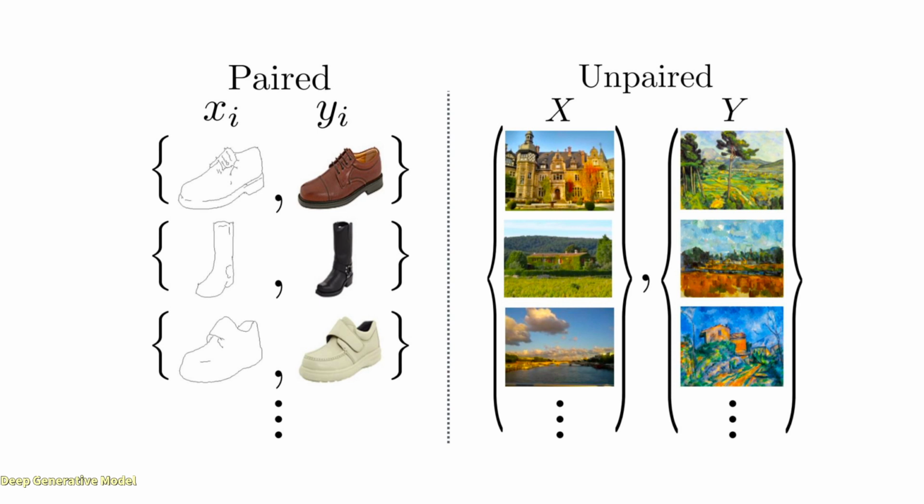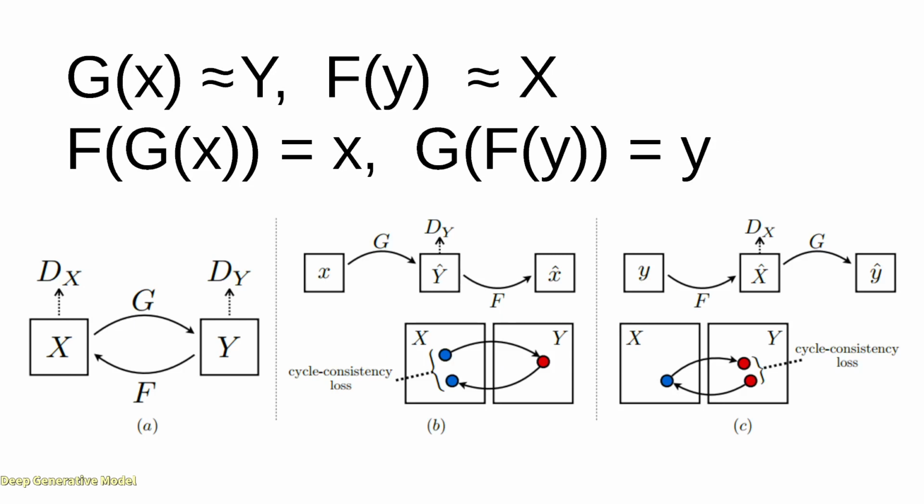There might be many different ways to do the translation. So CycleGAN at least tries to specify, or ask the question, more explicitly, to some extent, not entirely.